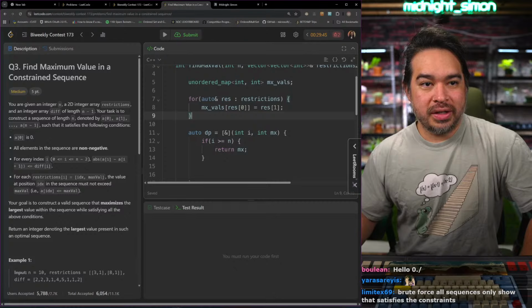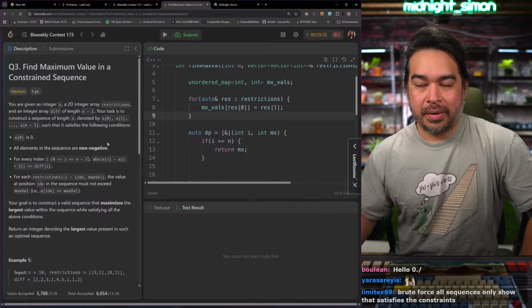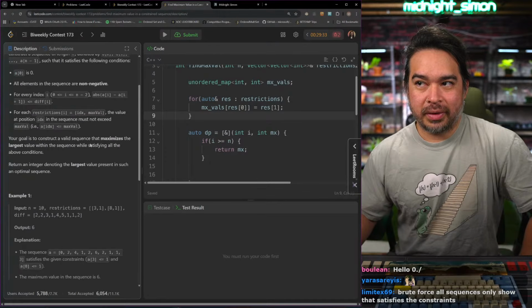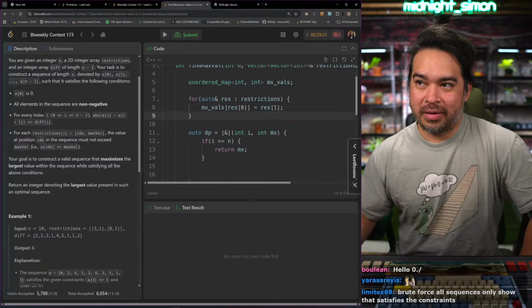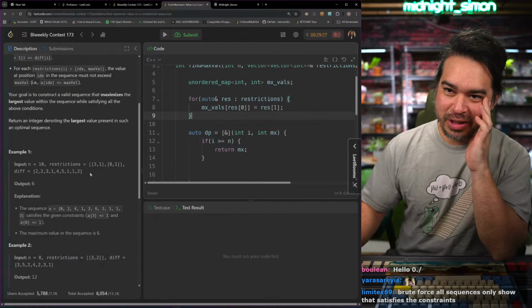Brute force all sequences only show that satisfies the constraints. That's, I mean, I might be doing something like that right now, but I don't know how to do it, man.